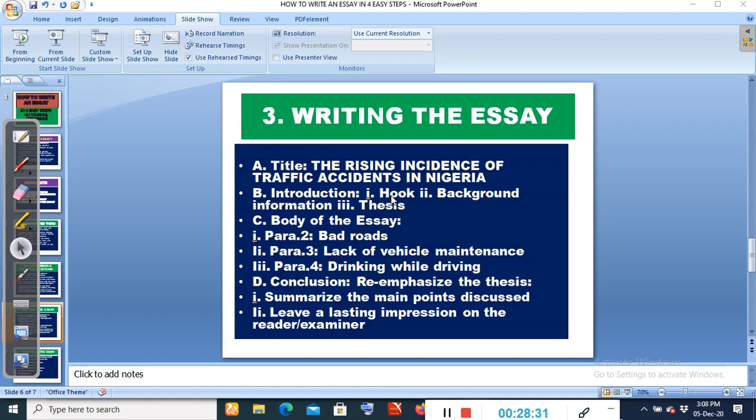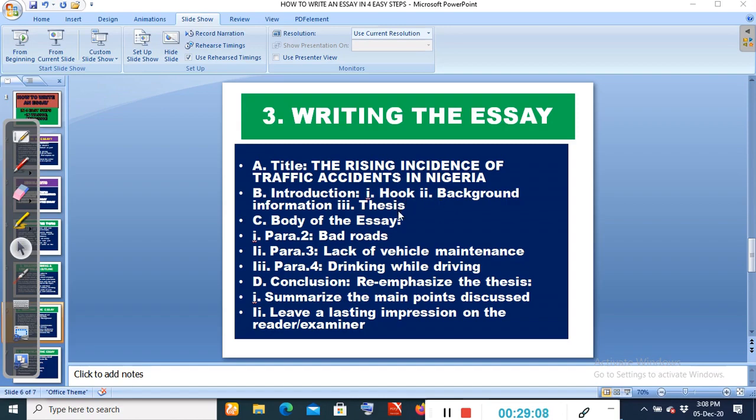It can be an interesting question. There are different methods of coming up with your hook. The rhetorical question method can be used, raising a question that will draw the reader's attention. Some writers may decide to use the quotation method, that is coming up with a quotation, while some may come with a direct method, just making a statement that shows how important that particular topic is.